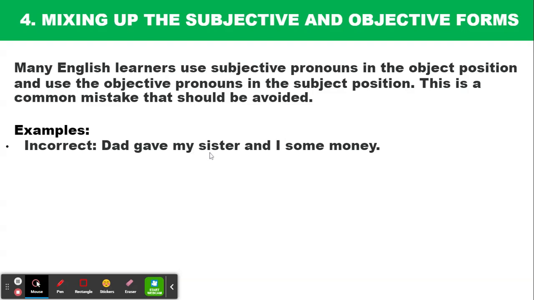So you see, that is incorrect, because if you remove "my sister" and you are left with "I," it becomes obvious. You cannot say "Dad gave I some money." What should be here is "me." "Dad gave me some money."